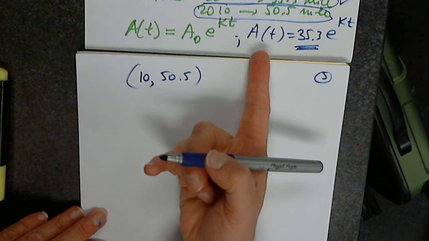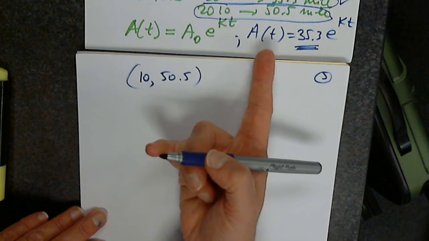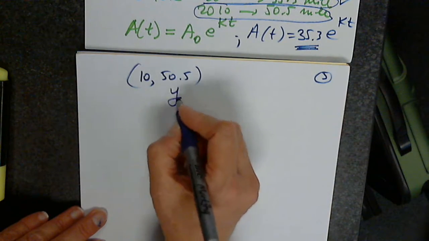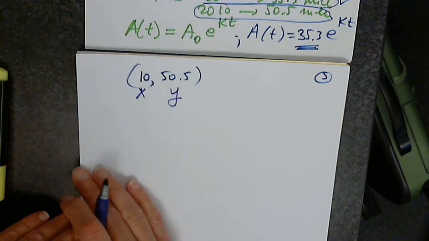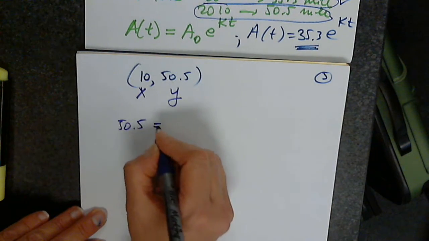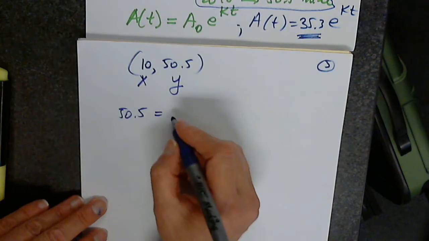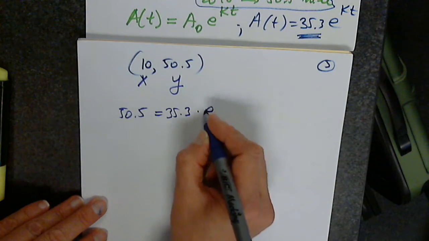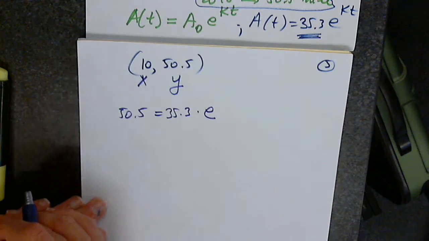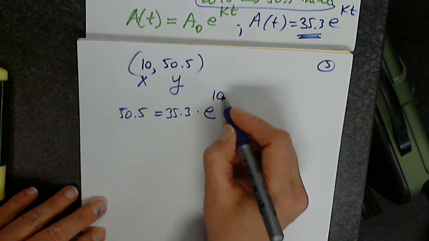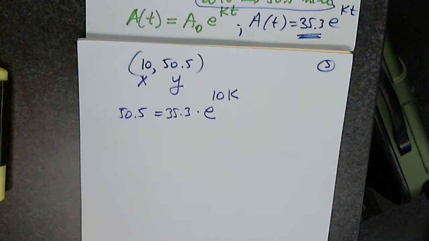This is the y, and this is the x. 50.5 equals 35.3 times e to the 10k. So I'm given this, and I'm asked to solve for k. How do I solve for k? We're going to divide by 35.3.